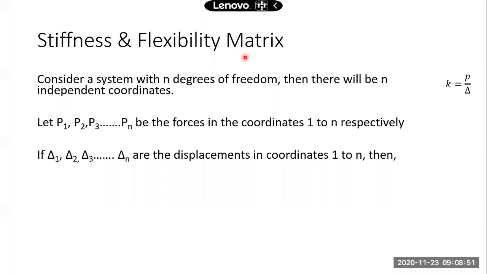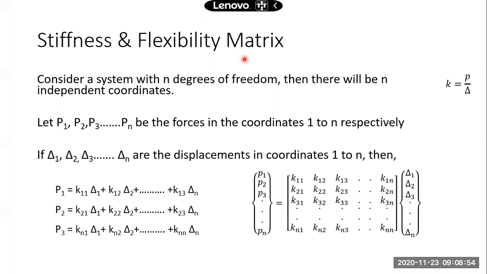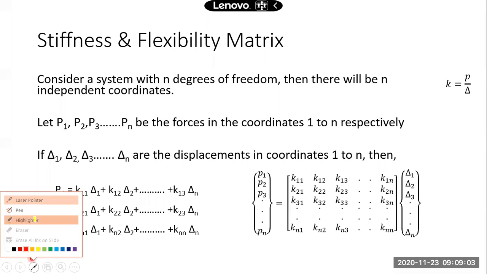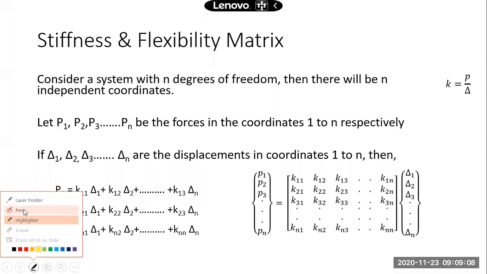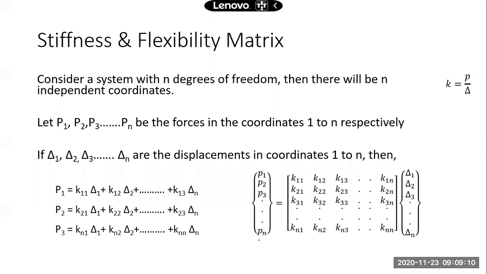We can express the same relation, P is equal to K into delta, in the form of a matrix when we are working with multiple degrees of freedom. That is called the matrix formulation, or formulation of the stiffness and flexibility matrix. From our basic relationship P is equal to K into delta, it has been put in the form of a matrix.